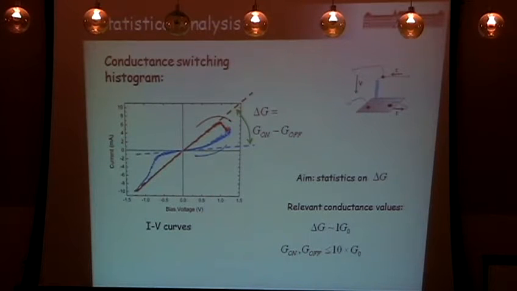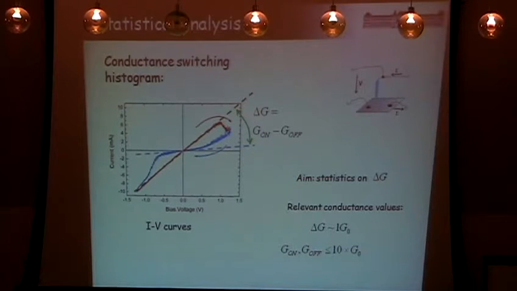If you want to make something similar for conductance switching, then let's see how we can do so. Let's go back to this experimental IV curve here. What we want is some sort of statistics on the conductance switching, which is the difference of the on-state and the off-state conductance.